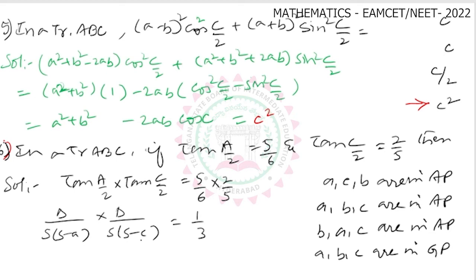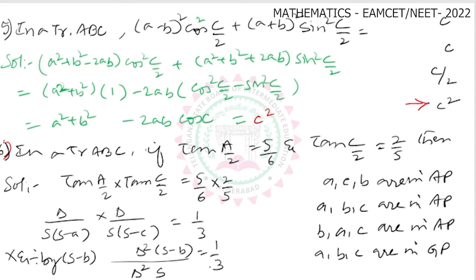So, what I am doing, I am multiplying and dividing by S minus B. So, what happens? Delta square into S minus B by S into S minus A, S minus B, S minus C, which is nothing but delta square. So, what remains? S. So, S minus B by S is equal to 1 by 3.